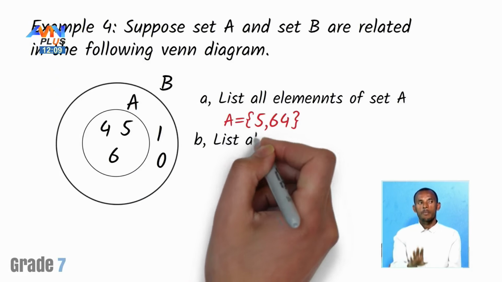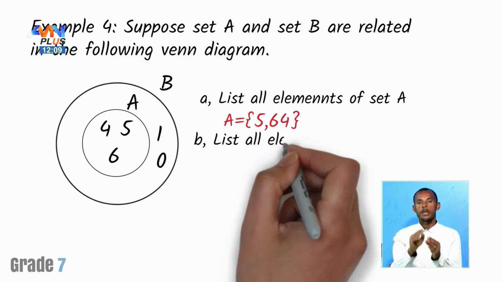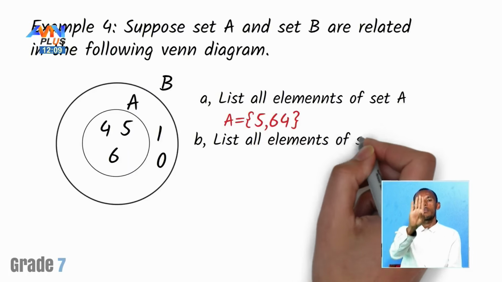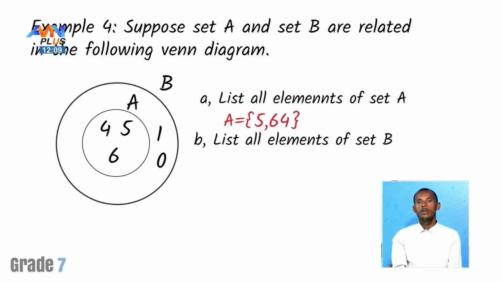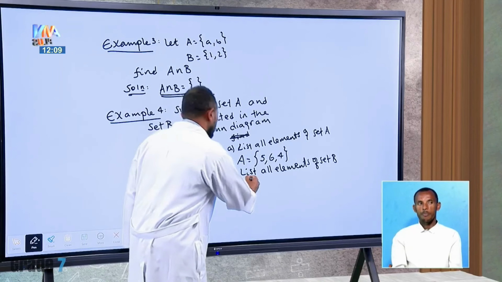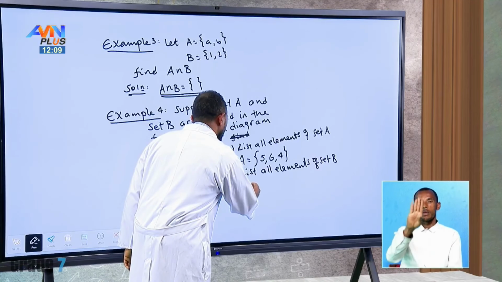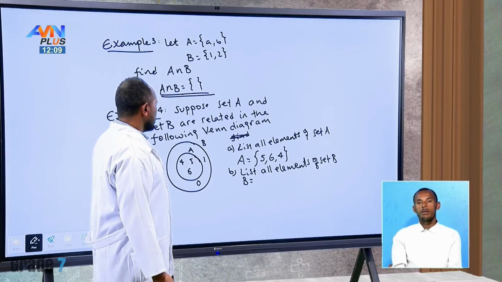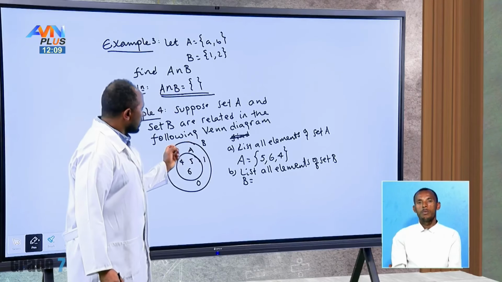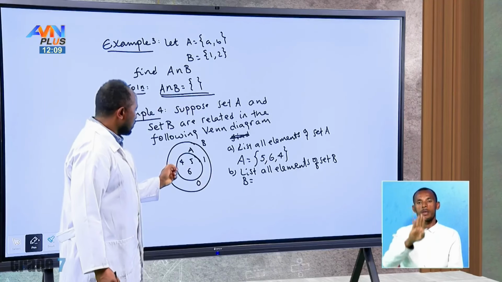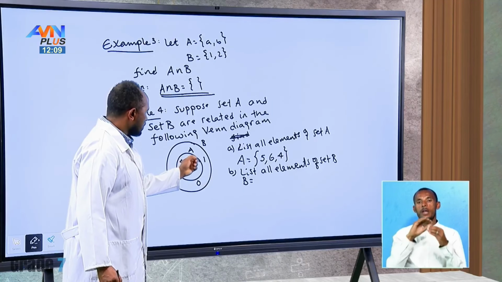List all elements of set B. Now, set B contains all elements inside circle B. Inside circle B, you have the numbers 4, 5, 6.